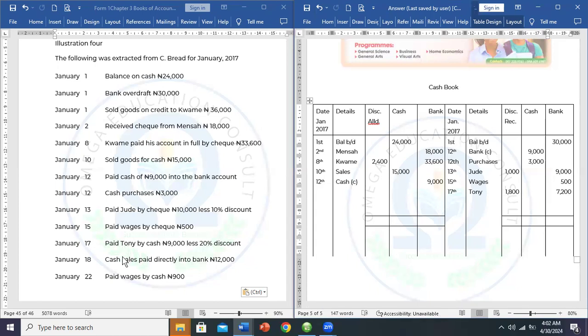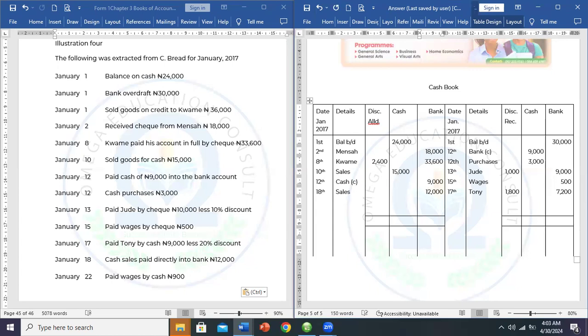On the 18th, cash sales paid directly into bank. So we sold goods and we paid the money into bank. So bank was receiving from sales, right? So we debit that. 18th, sales. So we made sales and paid it into the bank. That's what it means. 12,000 naira.